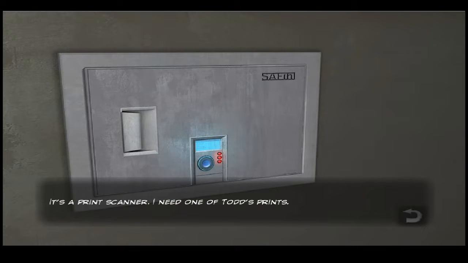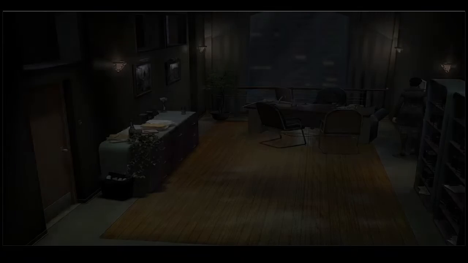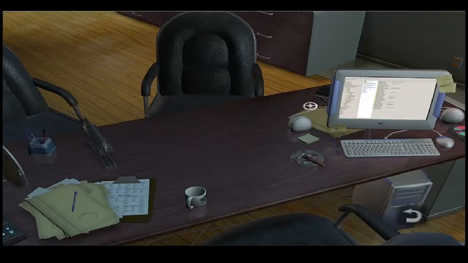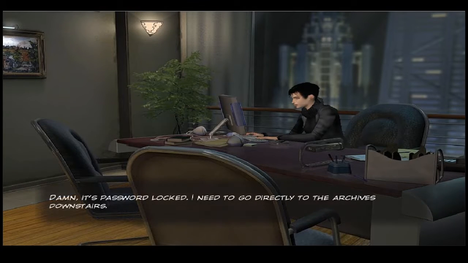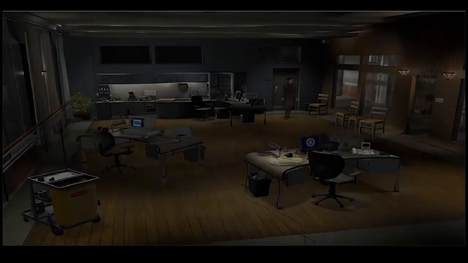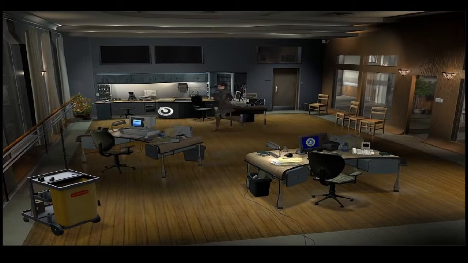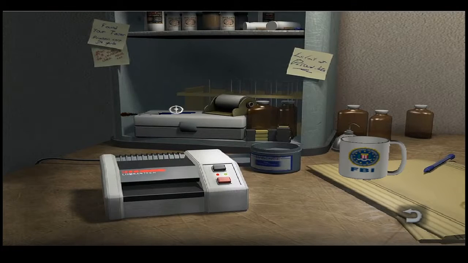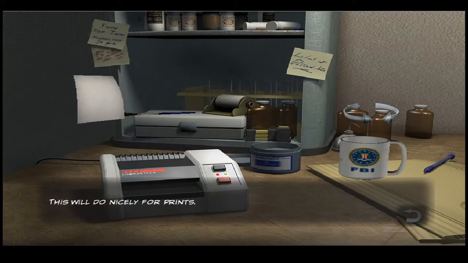It's a print scanner. I need one of Todd's prints. Damn, it's password locked. I need to go directly to the archives downstairs. This will do nicely for prints.